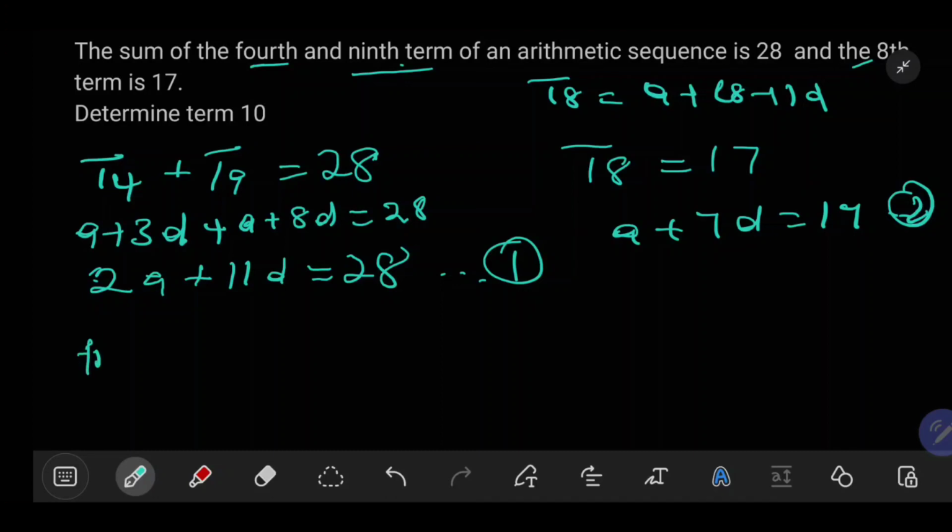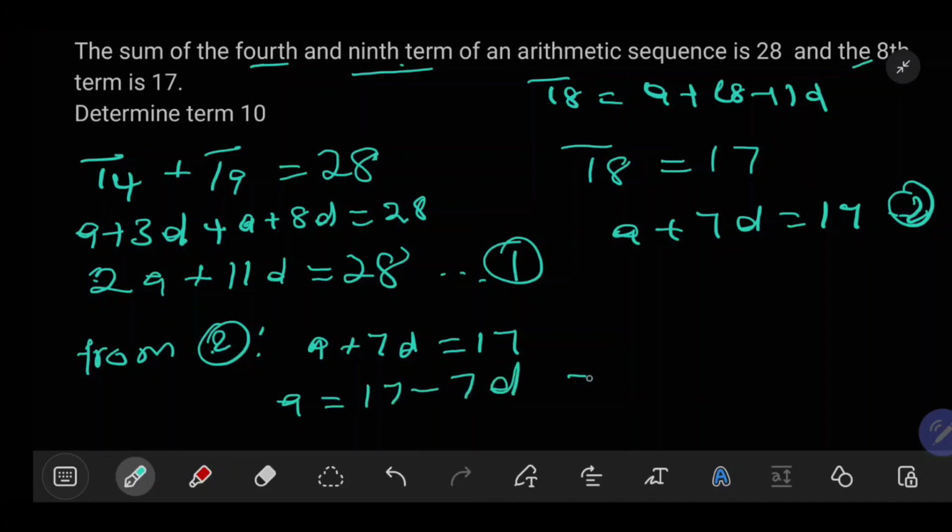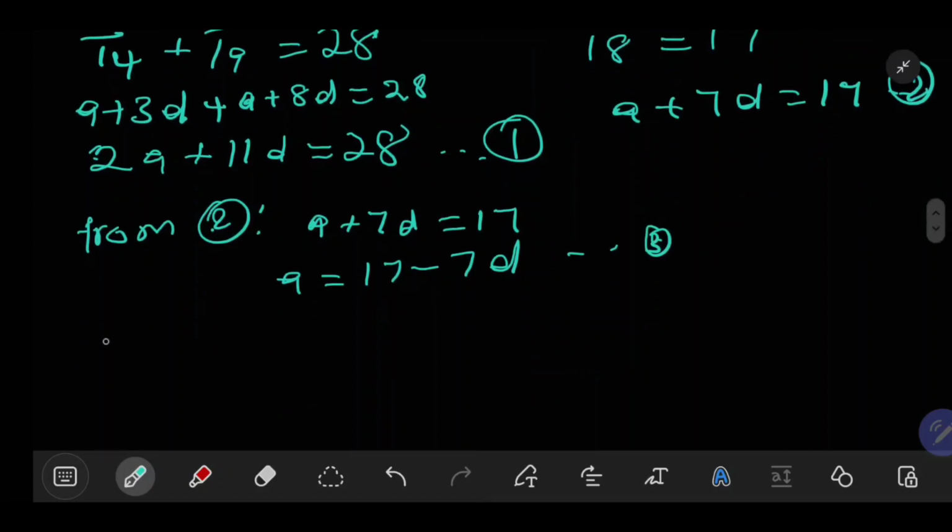From equation 2, which says a plus 7d is equal to 17, we can say a is equal to 17 minus 7d. This is your equation 3. Then you can substitute equation 3 into equation 1.